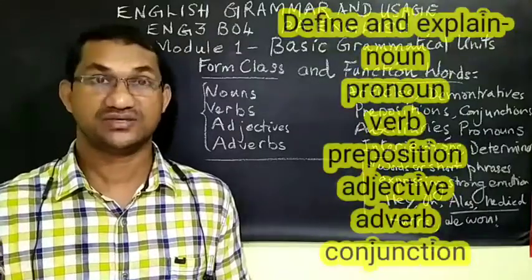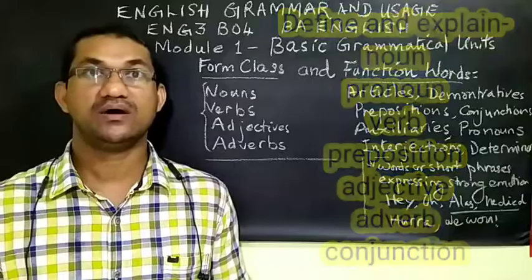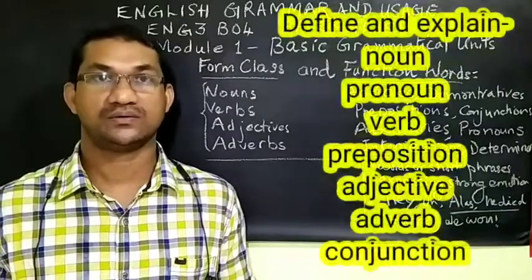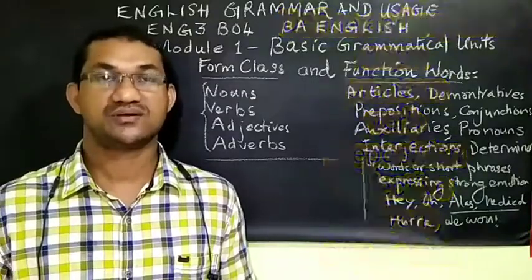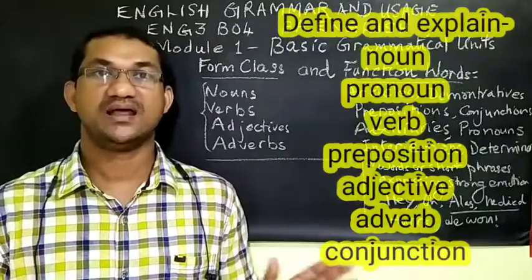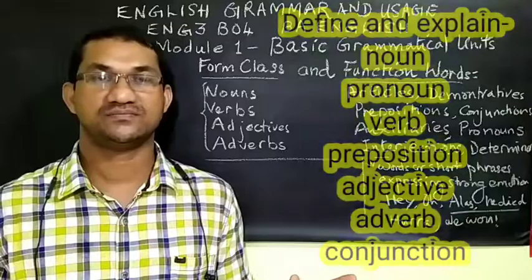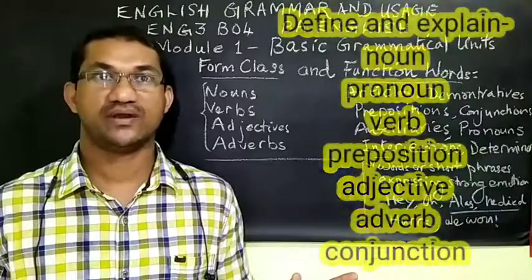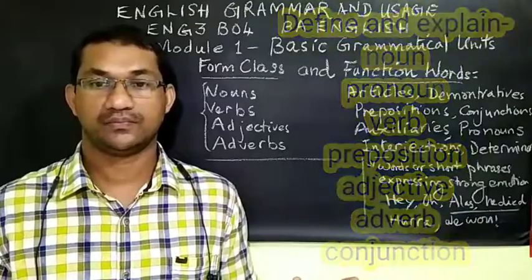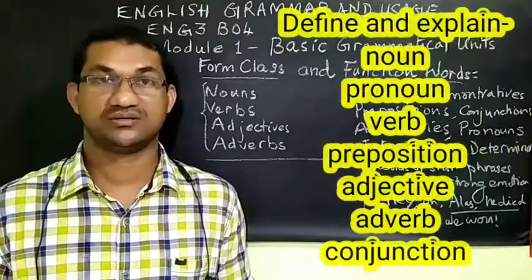Next concept, adjective. An adjective is a word that describes a noun. Handsome is an adjective. Alex is handsome. Tall, another adjective. My brother is very tall. Now we have preposition.